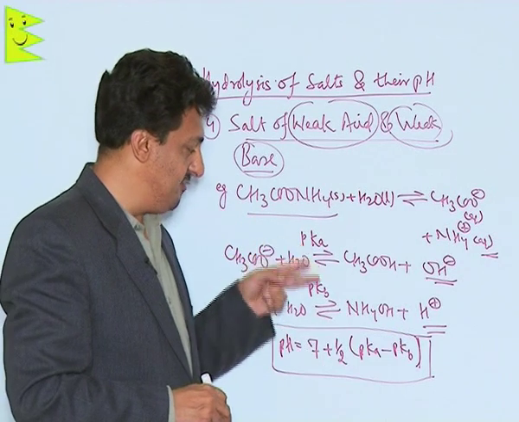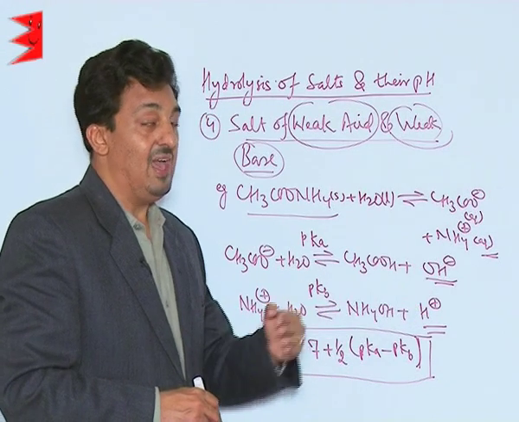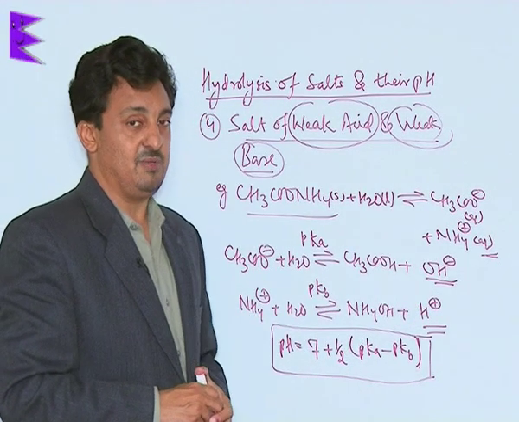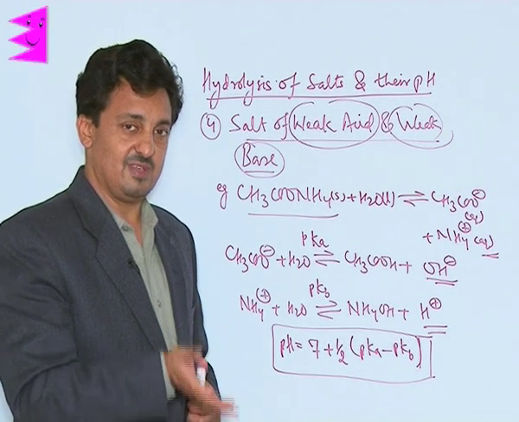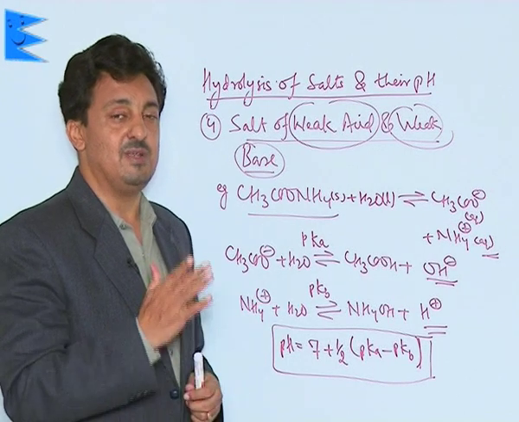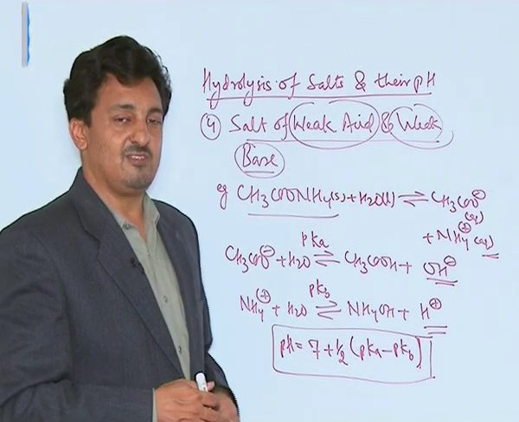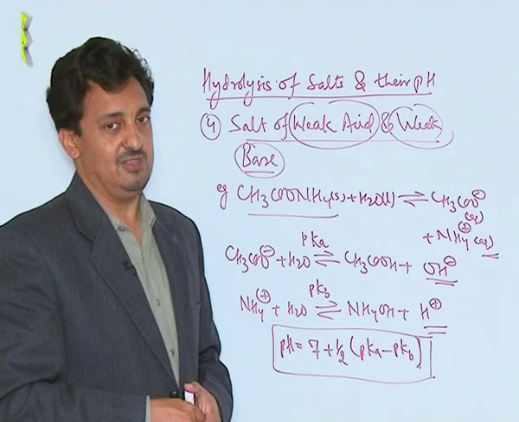Because it is the net difference of these two which decides how much of these two is left out, and that is what decides the pH, not how many OH ions or H ions are generated from the concentration. So remember, the pH of these types of salts is independent of concentration, and it depends on the relative strengths of the Ka and Kb or pKa and pKb values.